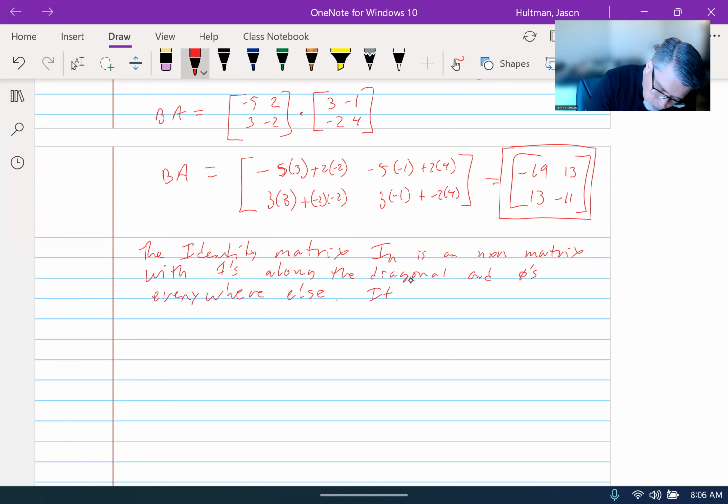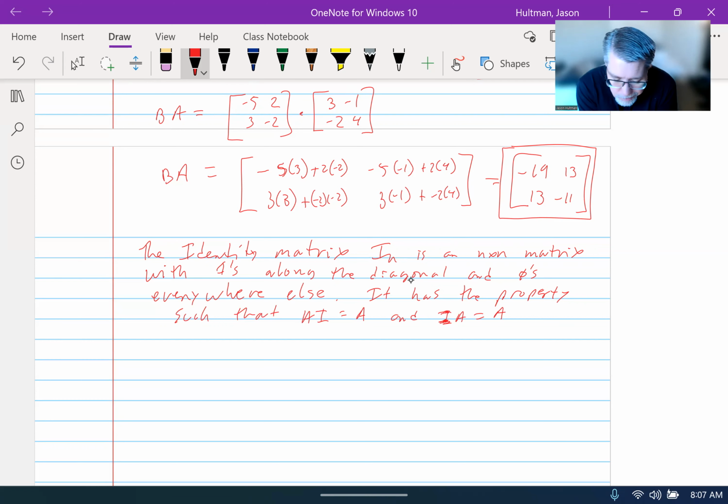It has the property such that A times the identity matrix is equal to A, and conversely, IA is also equal to A. So in this special case, it is commutative, and we just get out whatever we started with.